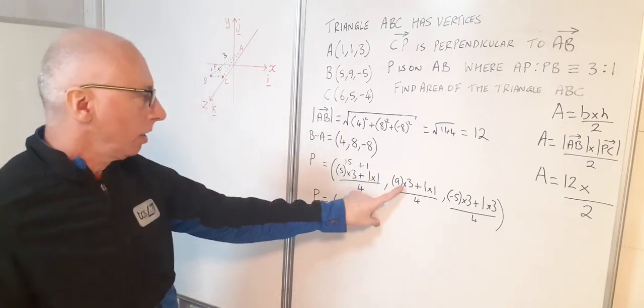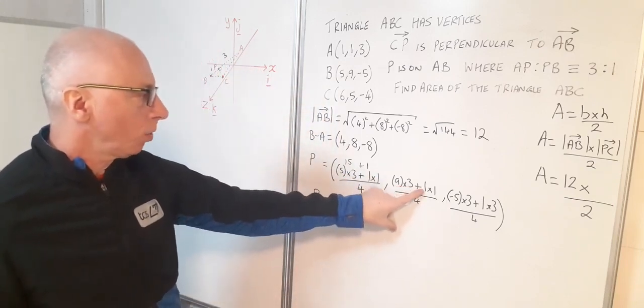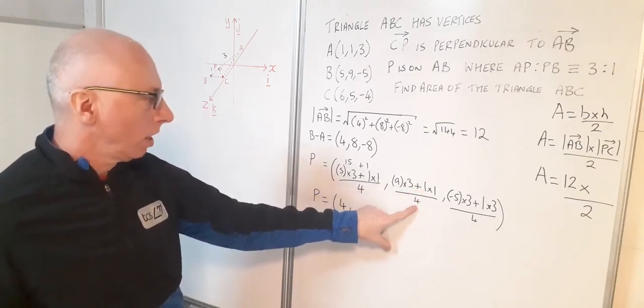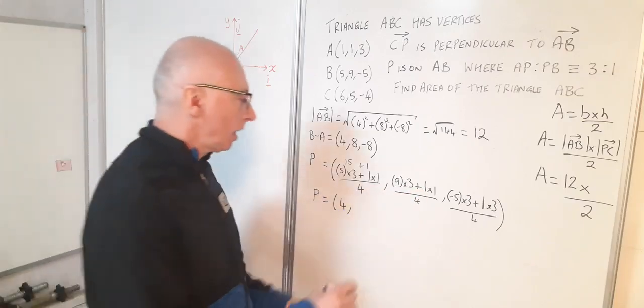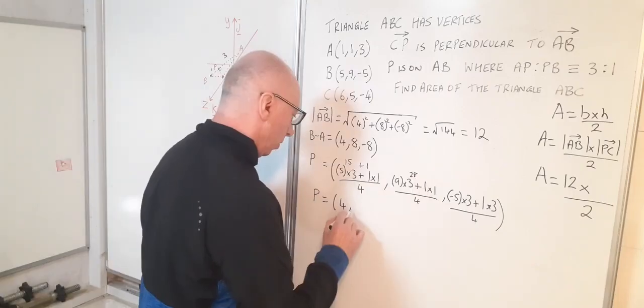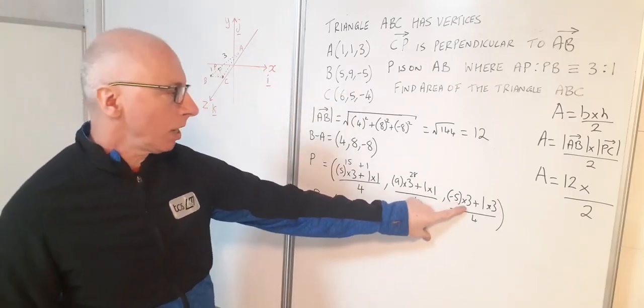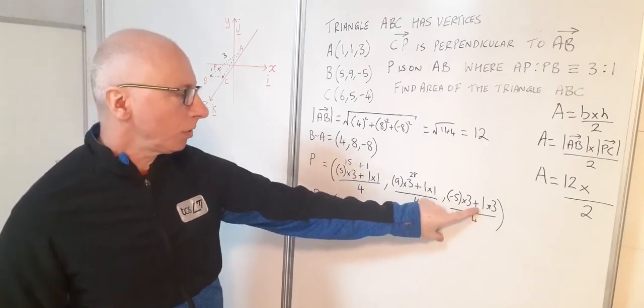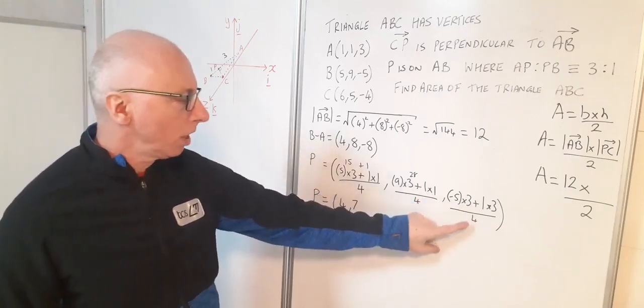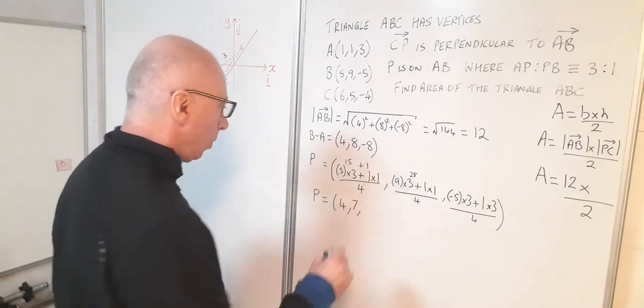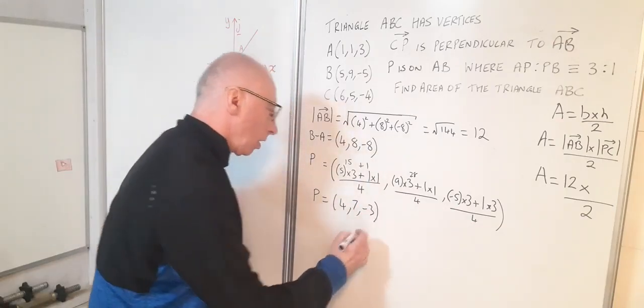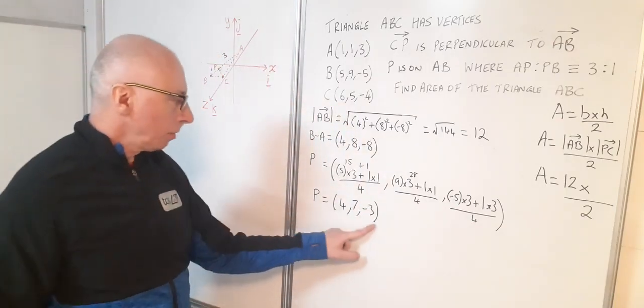Then 3 9s are 27 plus 1 is 28 over 4, that gives me 7. Minus 5 times 3 is minus 15, plus 1 times 3, so that gives me minus 12 over 4, which is minus 3. Okay, so we've got the point P.